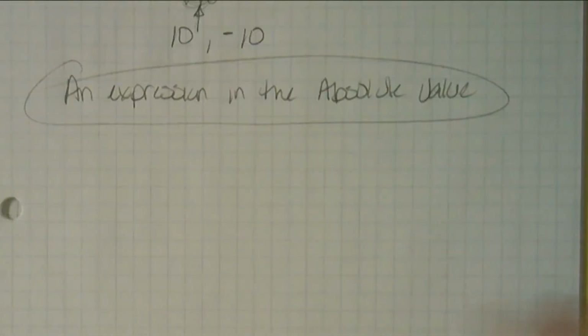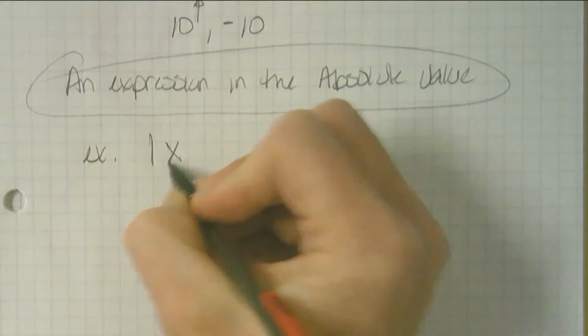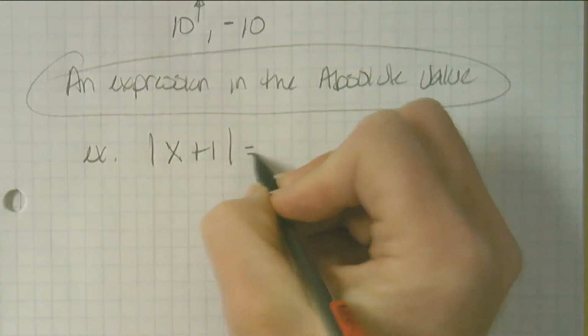All right, so if we have something like the absolute value of x plus 1 is equal to 5.